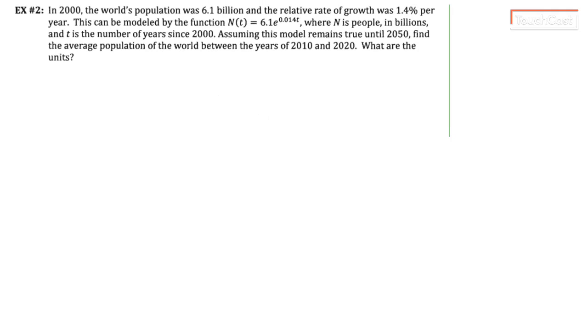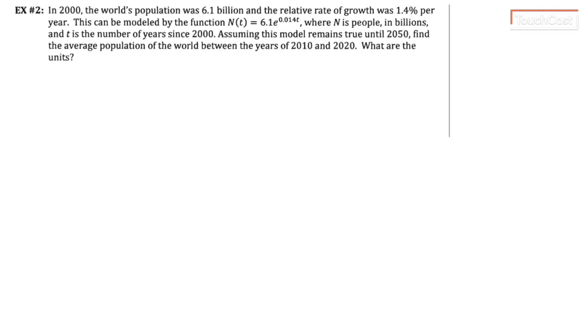So example 2, we have in the year 2000, the world's population was 6.1 billion, and the relative rate of growth was 1.4% per year. And it can be modeled by the function n equals 6.1 times e to the 0.014t, where n is people in billions, and t is the number of years since 2000.